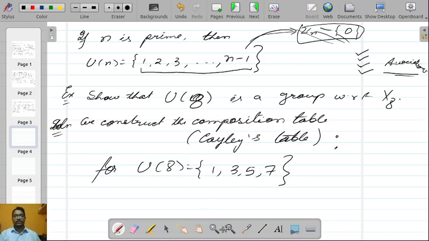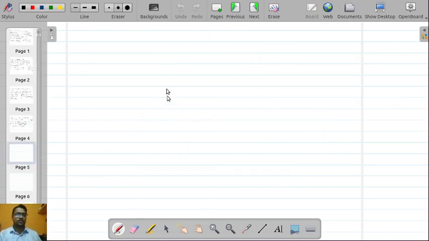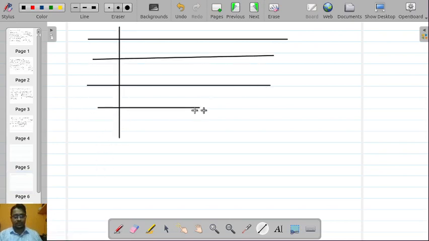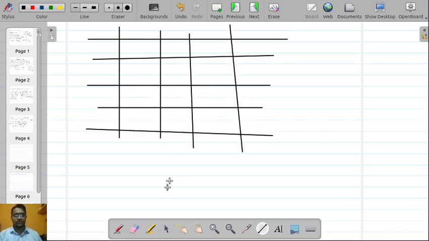Let us try to construct this. Here we have 1, 3, 5, 7, and along the top also 1, 3, 5, 7, with multiplication modulo 8.